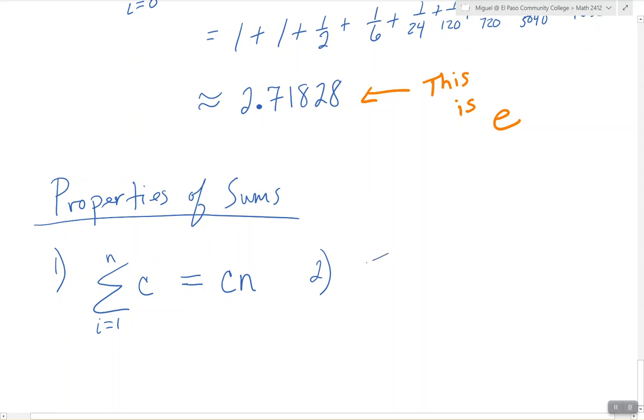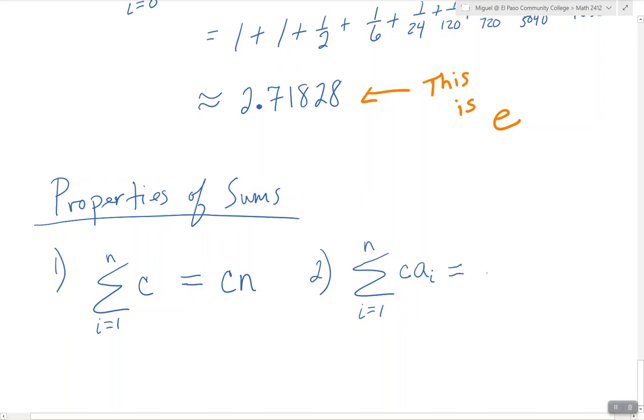Also, if you're given a sum from 1 to n, and you have a constant in here that you can factor out of an expression, so the expression will be a sub i, right? That's the little formula they give you to plug in the i's. You can actually factor out, take out the constant in front of it.